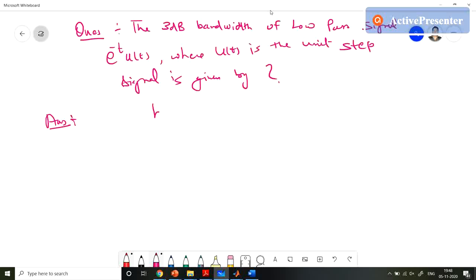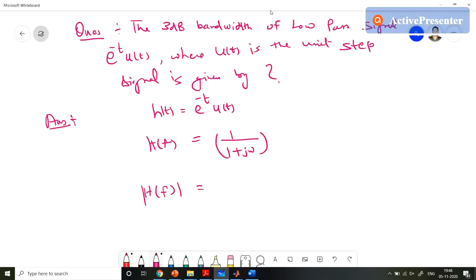So x(t) is given, that is equal to e raised to the power minus t into u(t). H(f) is given as 1 divided by 1 plus j omega. Now modulus of H(f) is equal to 1 divided by the square root of 1 plus 4 pi squared f squared, and that is equal to 1 divided by root 2.